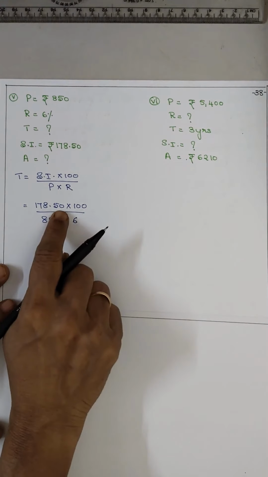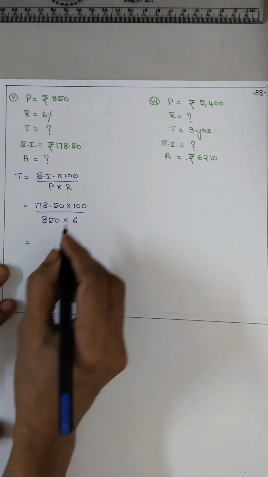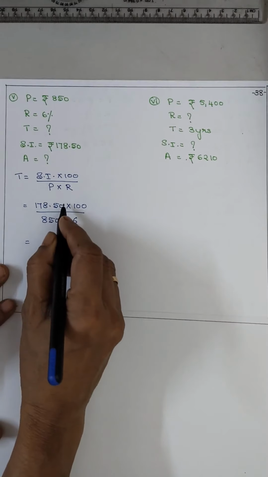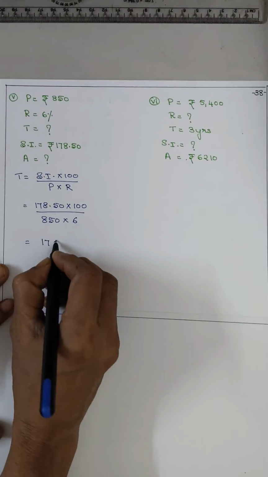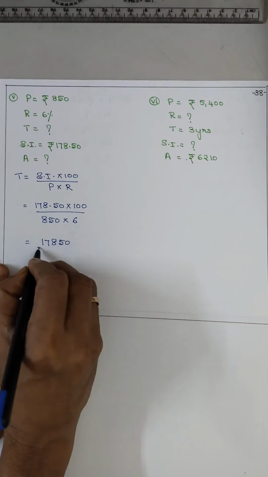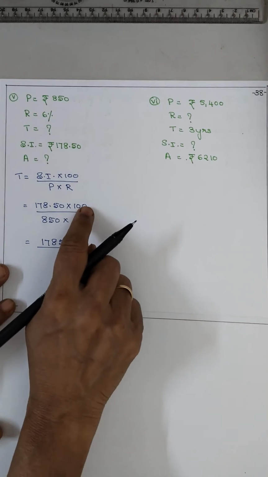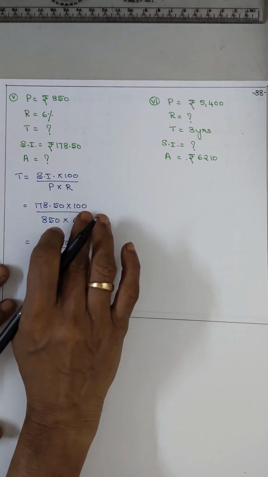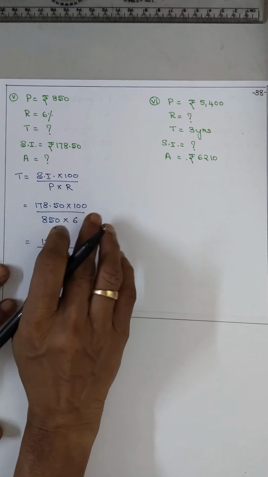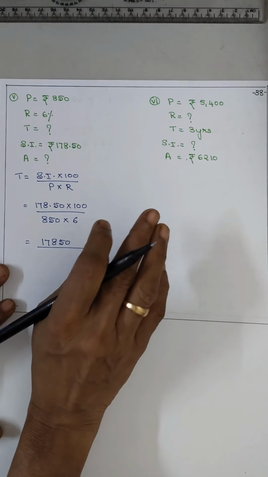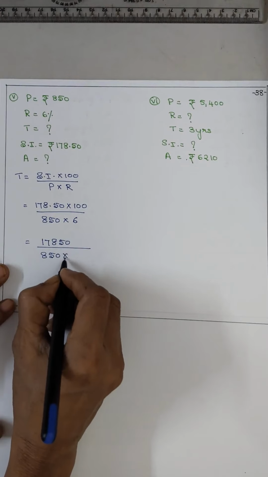Now the decimal place, 2 decimals multiplied by 100, 2 zeros. So the decimal point moves 2 steps to the right. So this will become 17850, isn't it? The decimal place goes away, because when multiplied by 100 the decimal moves to the right 2 places, and the denominator is 850 into 6.